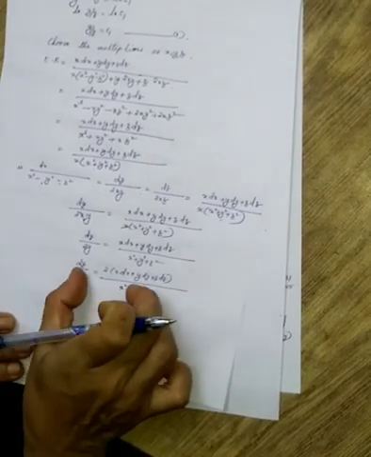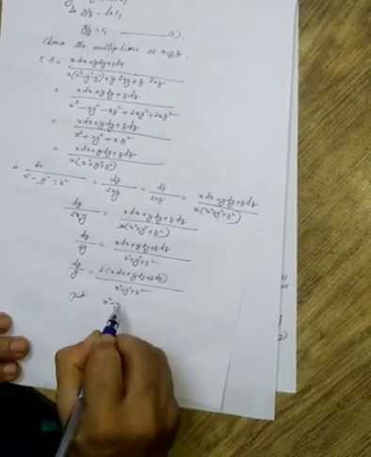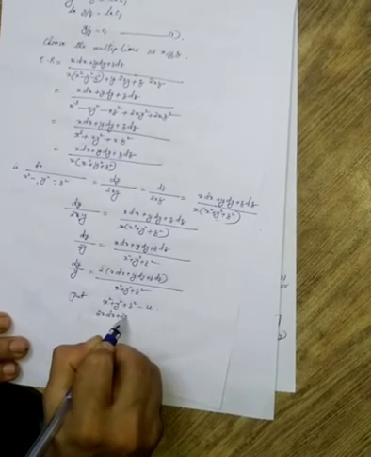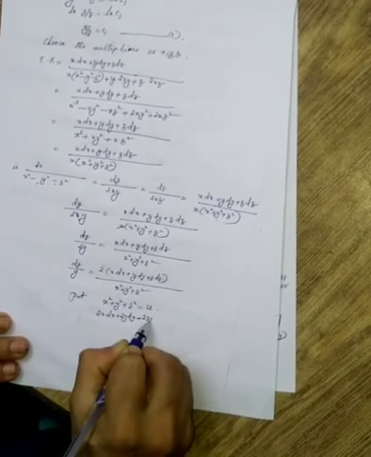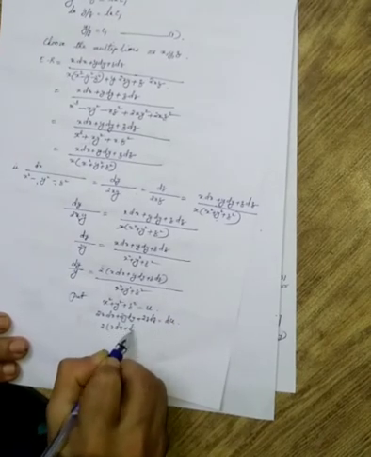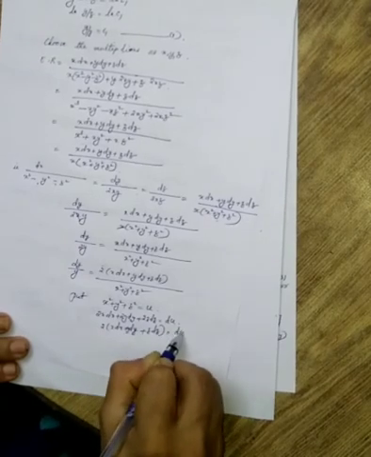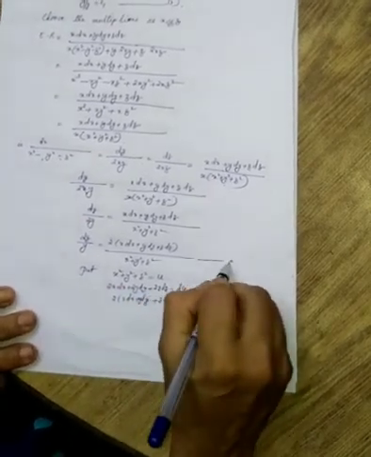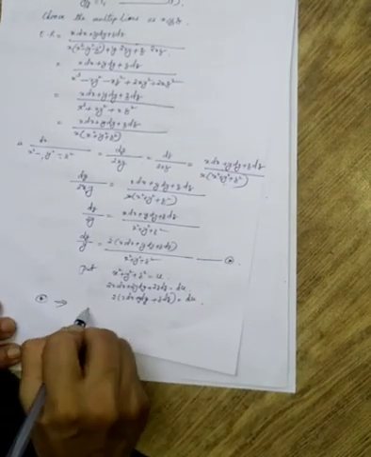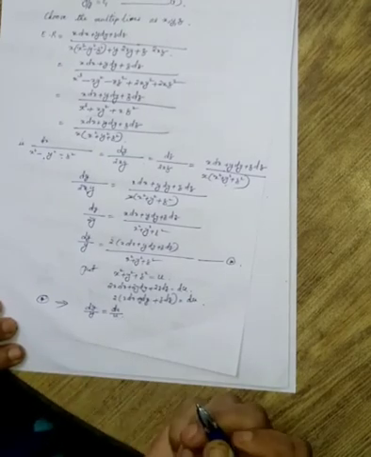So for solving this, let us take the substitution. Let us put x square plus y square plus z square as some u. Then 2x dx plus 2y dy plus 2z dz equal to du, or 2 is taken outside. Now the star becomes dy by y equal to du by u, which is very much separable.